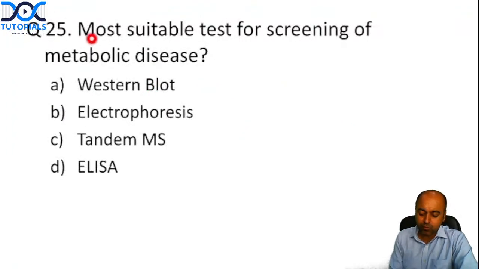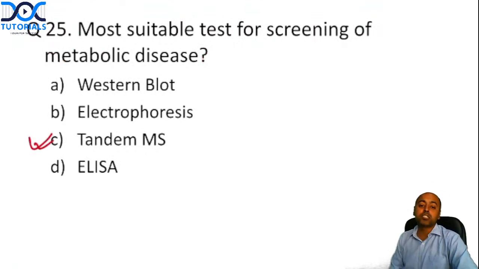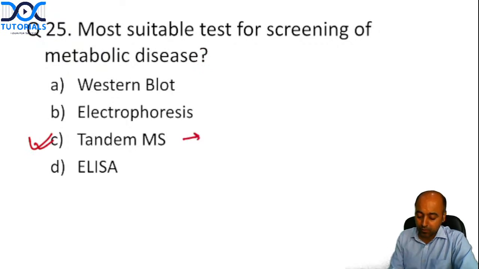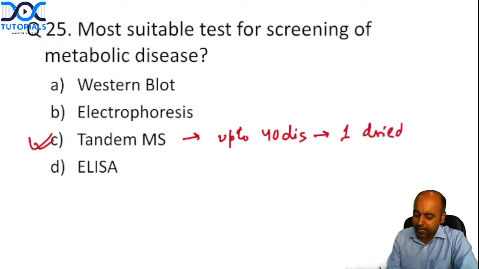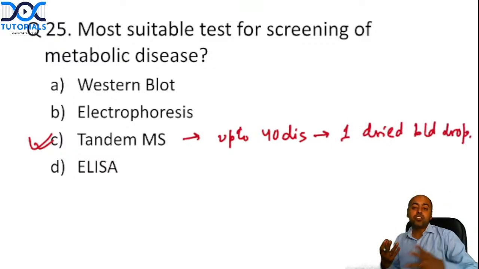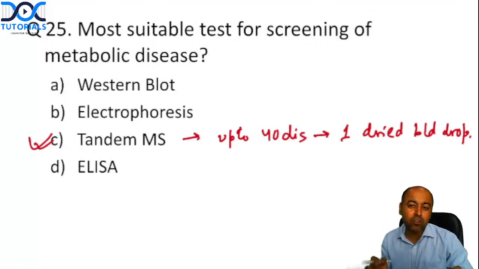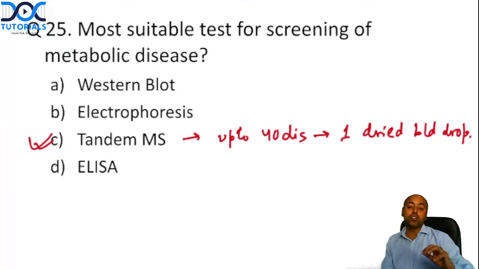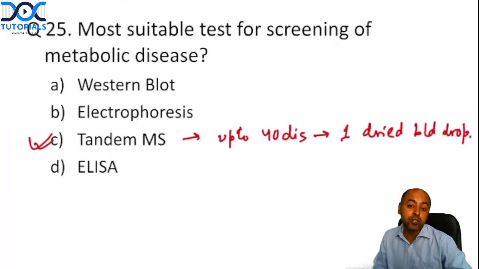Question 25. Most suitable test for screening of metabolic disease. The answer here should be tandem mass spectrometry. Up to 40 different diseases can be identified using one dried blood draw. So highly efficient. A very small amount of sample is required for the screening of metabolic disease when you use the tandem mass spectrometry.